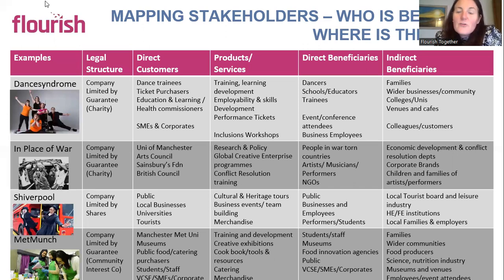Further afield, the indirect beneficiaries are the families of people attending Down syndrome sessions and activities, and the wider business community who are going on programs or attending events. You've got colleges and universities, because you've got young people going through Down syndrome who've got their aspirations raised and are now going on to study things in new ways.